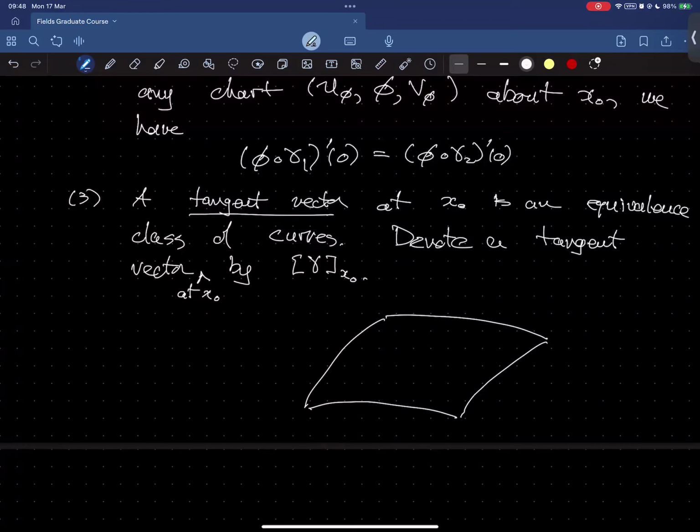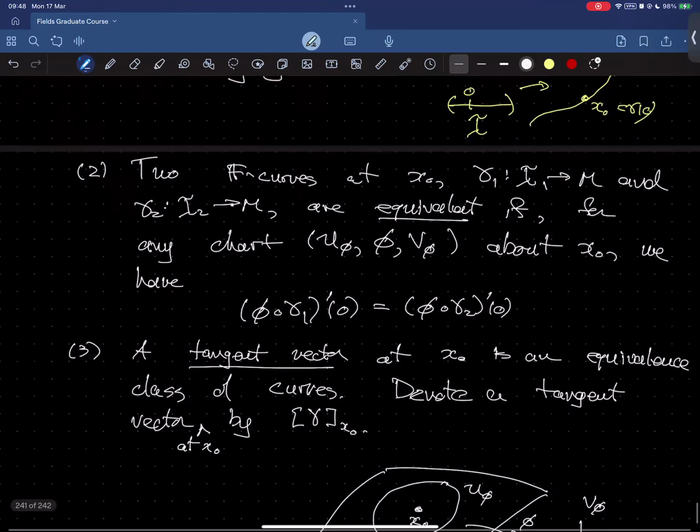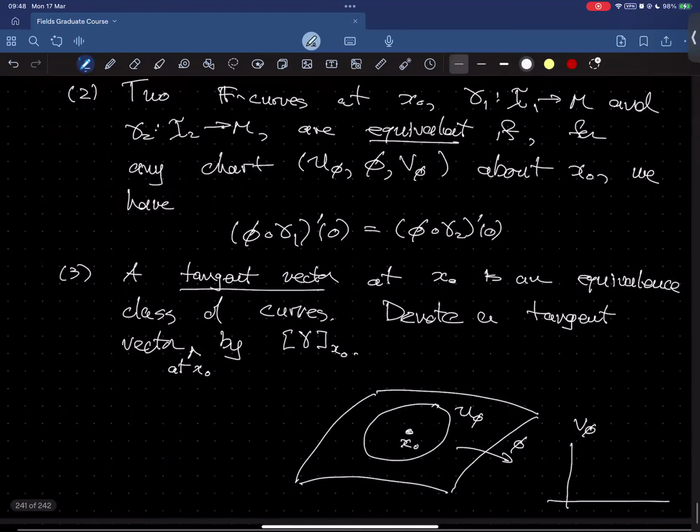So I have my point x naught, and I'm going to choose a chart, U phi, which maps into V phi, and then I have my intervals, I1 and I2.